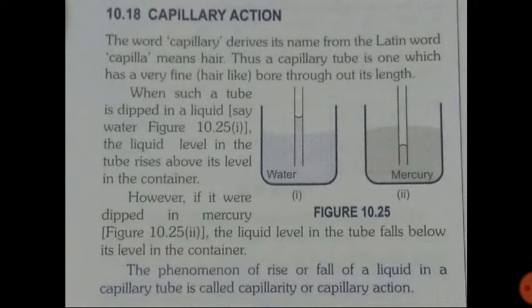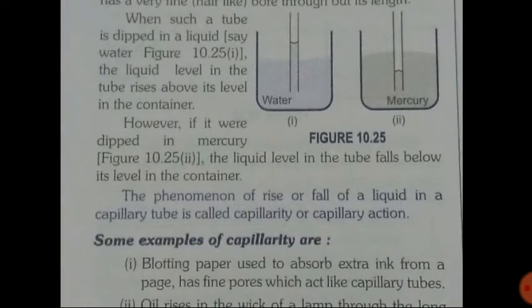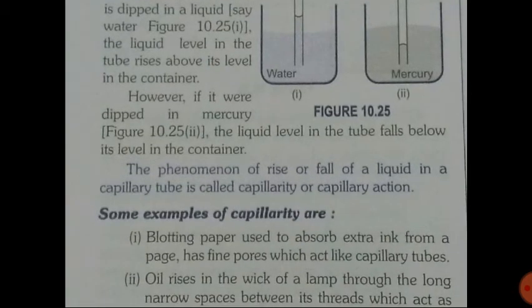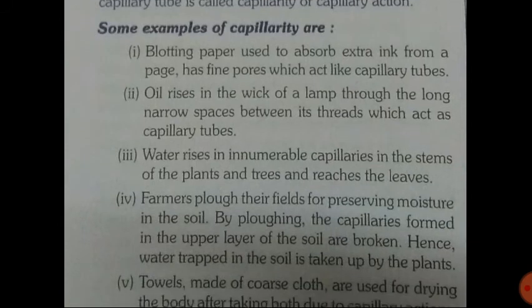According to that, the liquid has its cohesive force, and according to that the level will go up or down. And this phenomenon is called capillarity. So here you can see the phenomenon of rise or fall of a liquid in a capillary tube is called capillarity or capillary action.